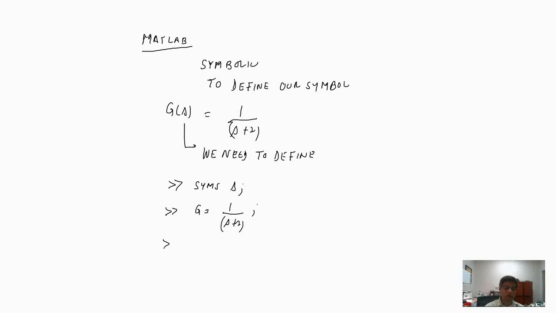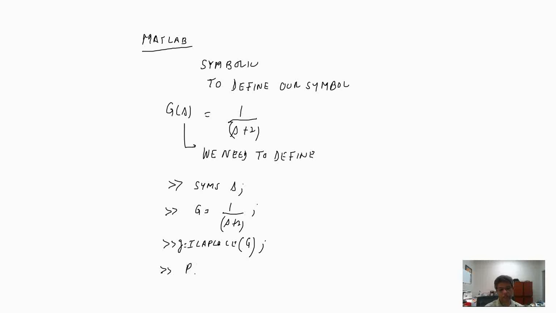Now there's another command called ilaplace. ilaplace means the inverse Laplace transform of the given function. So I can put g is equal to ilaplace of G, the big G, and I still put a semicolon because I want to put another command, which is called pretty g.